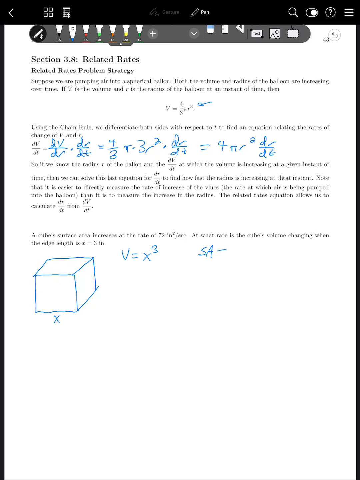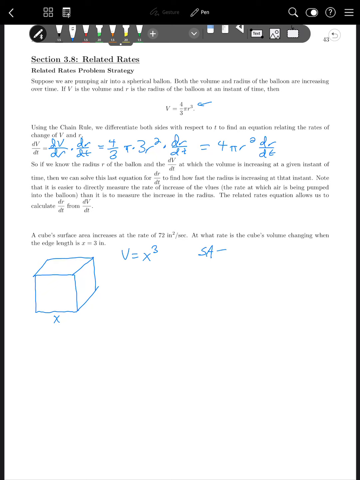Now, other things we know in this problem: the surface area increases at a rate of 72 inches squared per second. One of the things we know is that rates are derivatives. So one way to write this using variables would be the derivative of the surface area with respect to time, dS/dt, equals 72 inches squared per second.